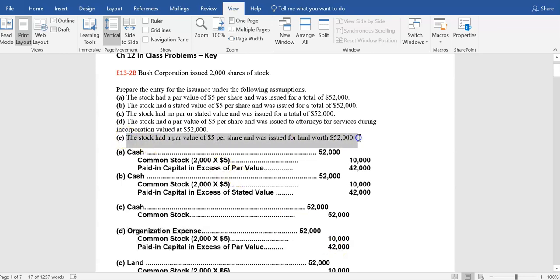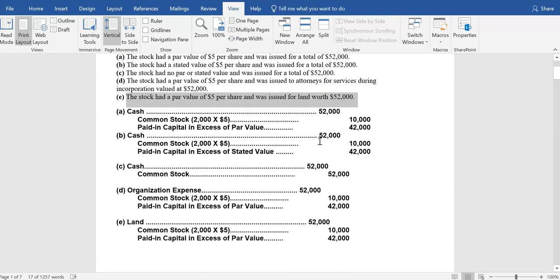All right, in the last example, the stock had a par value of $5 per share. It was issued for land worth $52,000. Again, this is also somewhat common. When a corporation doesn't have the cash available or prefers not to pay the cash, they're purchasing a large asset. Sometimes they will just give shares of stock in exchange.